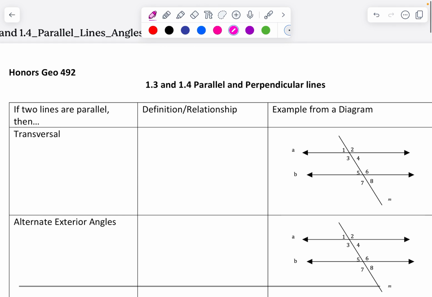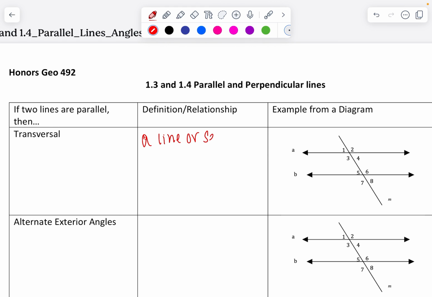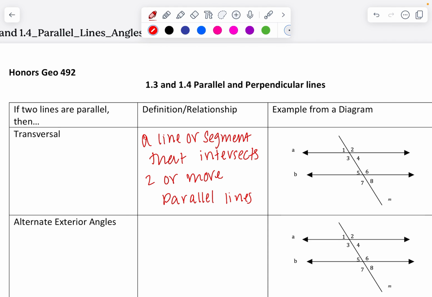So the first one that we have to talk about is the transversal. The transversal is not actually in any angle. The transversal is just a line that cuts two parallel lines. Okay, so once you have that down, again, a transversal is the line or segment that intersects two parallel lines.